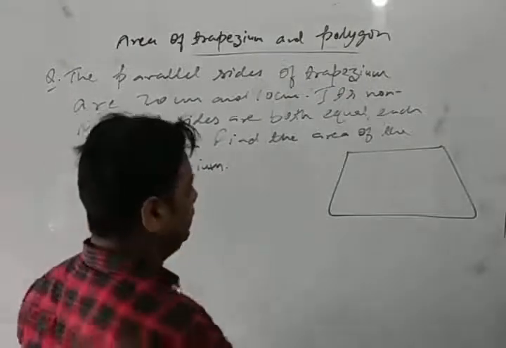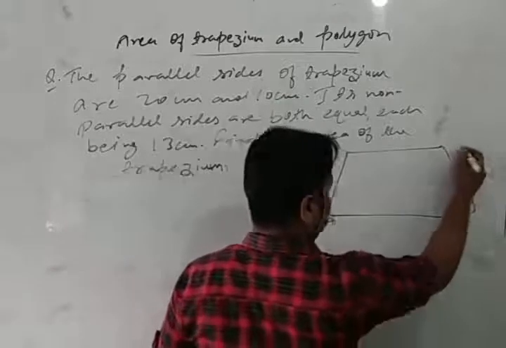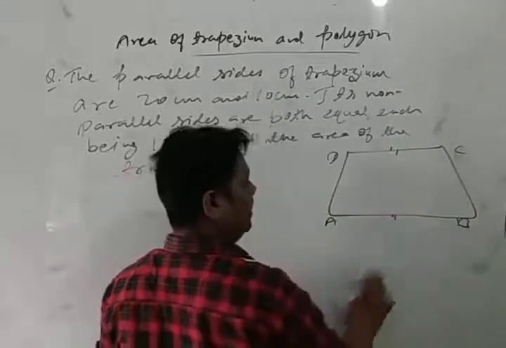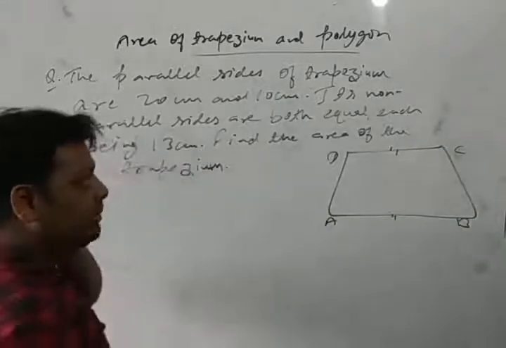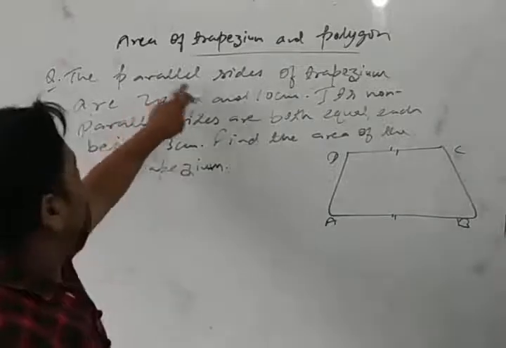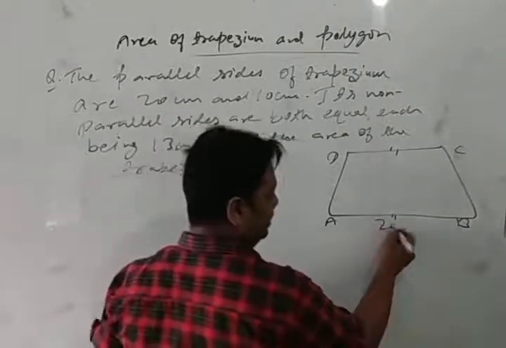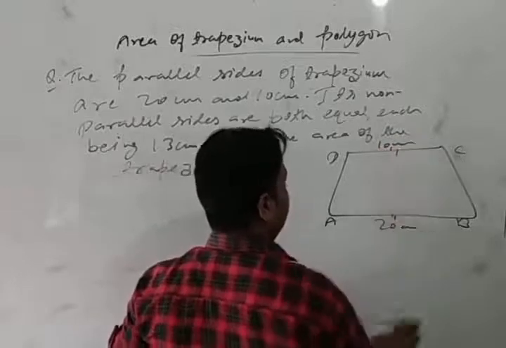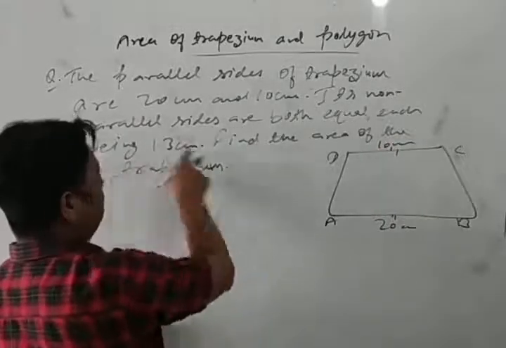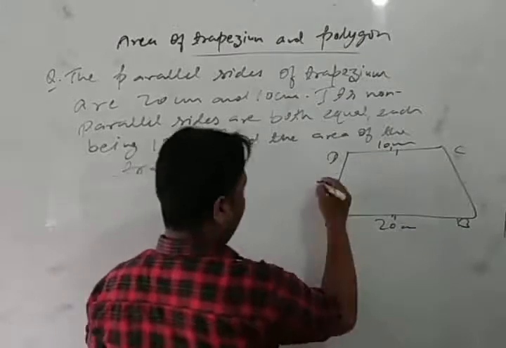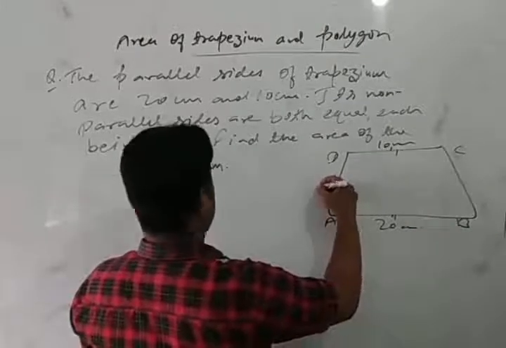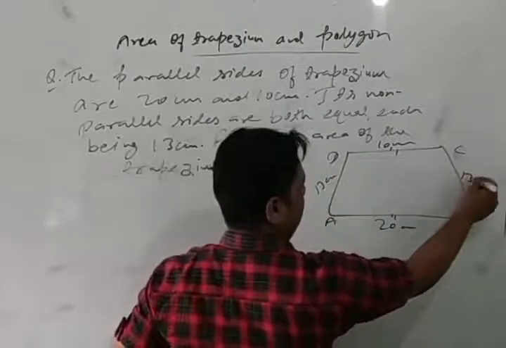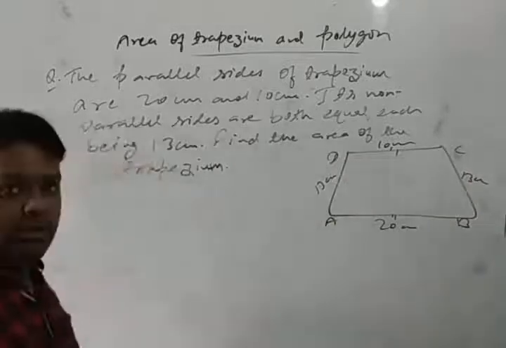First I am drawing the figure: A here, B here, C and D. AB and CD are the parallel sides, 20 centimeter and 10 centimeter, and both non-parallel sides are equal, 13 centimeter each. Nothing else is given, so how can we find the area?